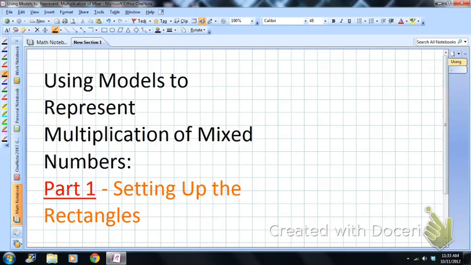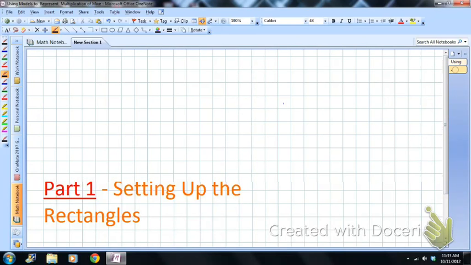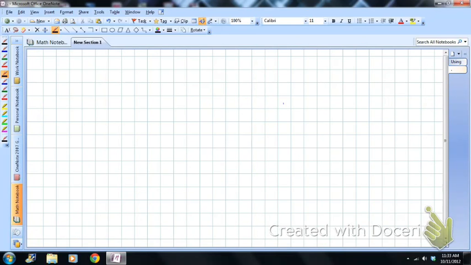So let's look at this. Let's suppose I have the mixed number 2 1/3 times 3/4. All I want to do right now is figure out three things.